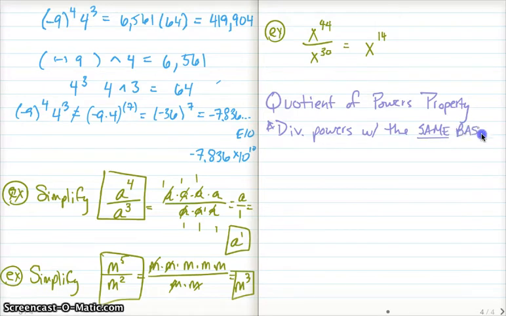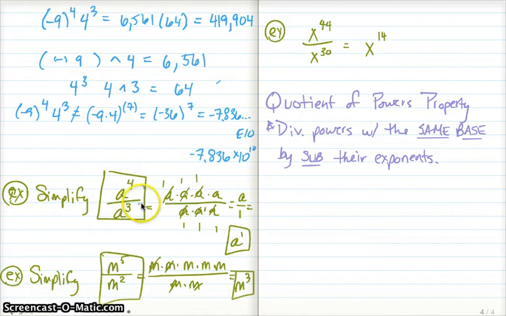Again, it only works if they can evenly cancel out. And if you ever forget the rules, just factor them out and figure them out that way.